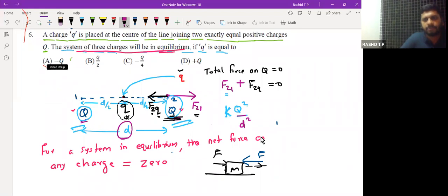So k Q square by d square, plus F2q, the force between charge 2 and small q: k into Q into q, divided by the separation between small q and charge 2, which is d by 2, whole square, that is equal to 0.